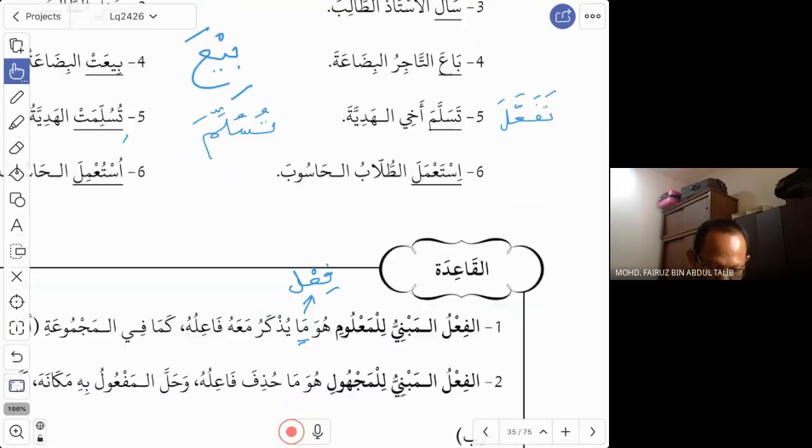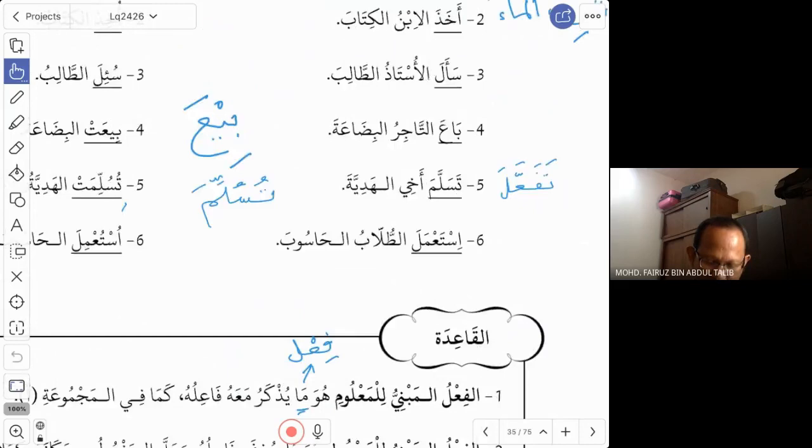Okay, so this is what they mean by mabni lil ma'lum. Even though the definition mentions yuzkaru ma'ahu fa'iluhu, the fa'il is mentioned, it is not necessarily the word that is mentioned. Sometimes the word can be hidden, as you learned in the previous level, the types of fa'il. There are several types of fa'il, including the hidden fa'il. So here the fa'il exists, but it is not mentioned.